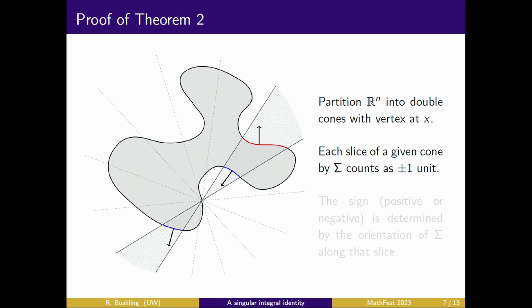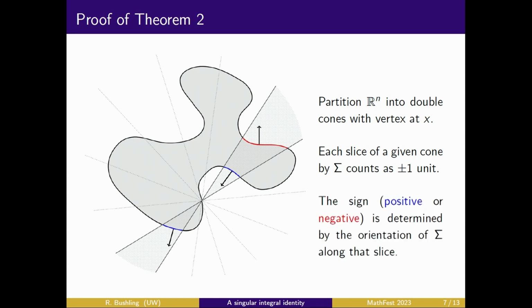And if I write the integral from the previous slide, or 2 slides ago, however many slides ago it was, if I write that integral in polar coordinates centered at x, roughly what I get is that each of these little slices is going to be counted as plus or minus 1 little unit, where the plus or the minus is determined by the direction that the little piece of surface is facing relative to the axis of this double cone.